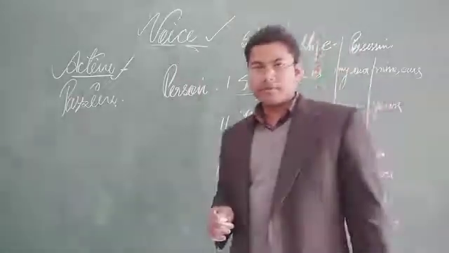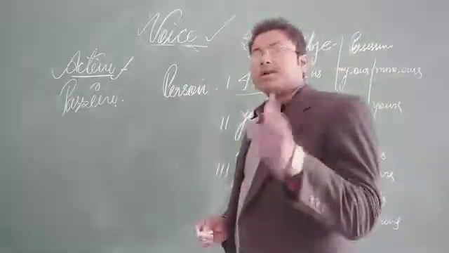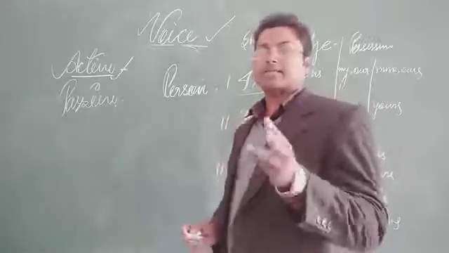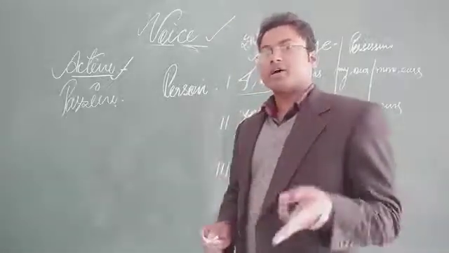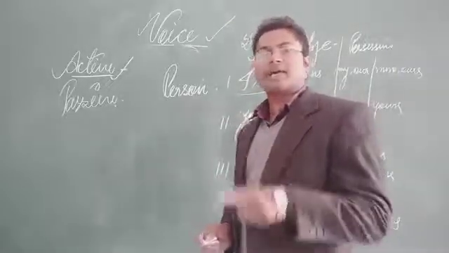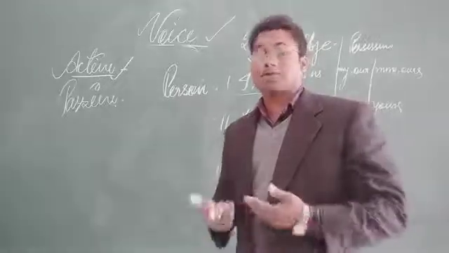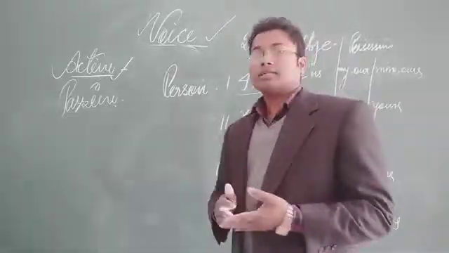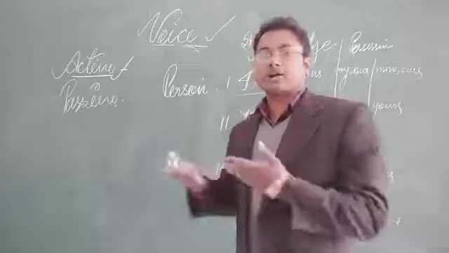Okay, first thing you have to know about transitive and intransitive verb, thereafter object, direct object and indirect object, how to find it out in a sentence, whether object is there or not.